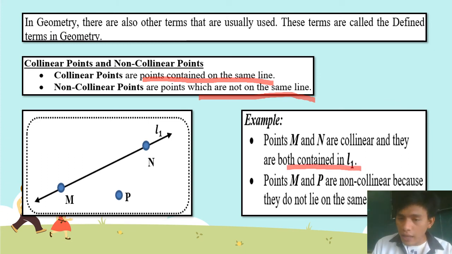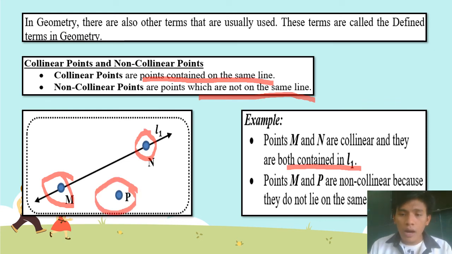Both contained in L1, points M and N are collinear points, while point P is non-collinear because it does not lie on the same line. Only point P, not point M.